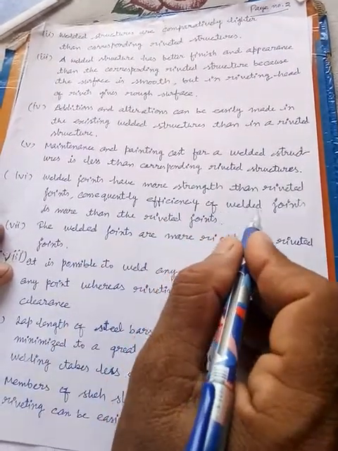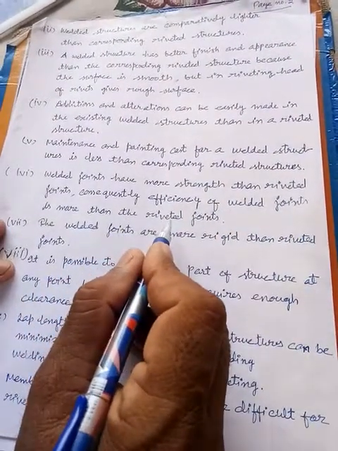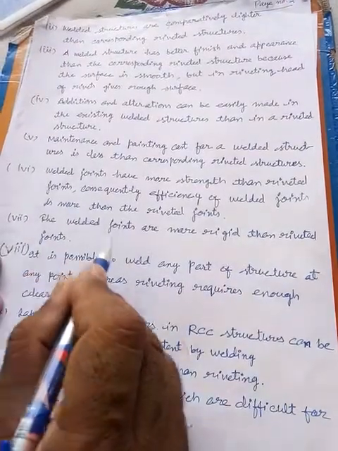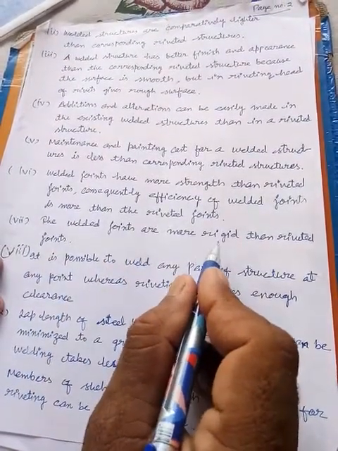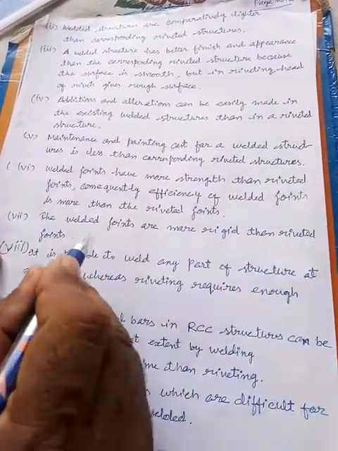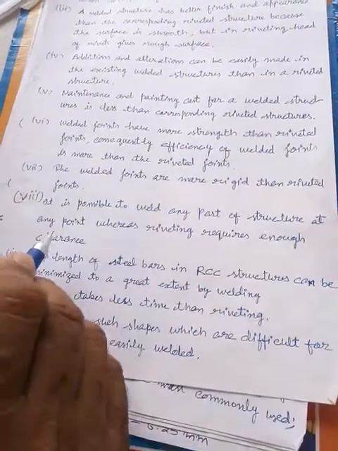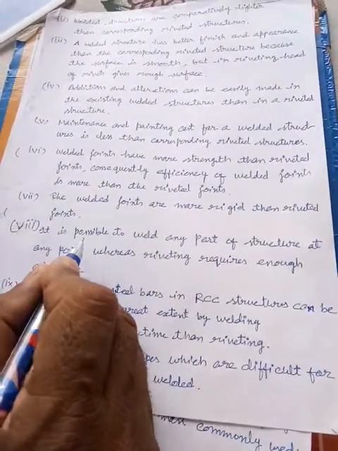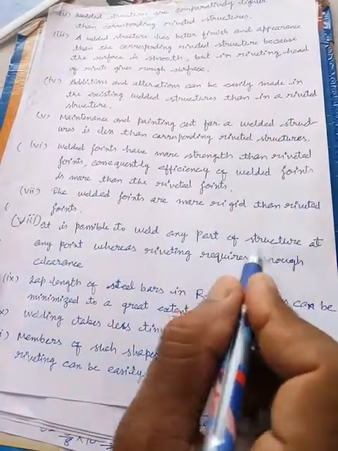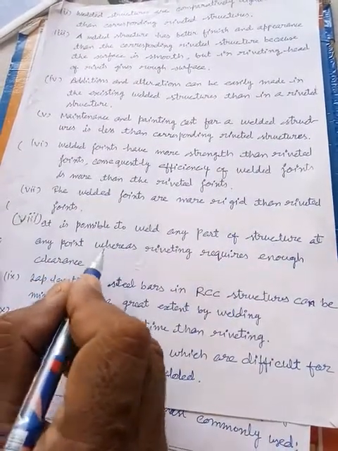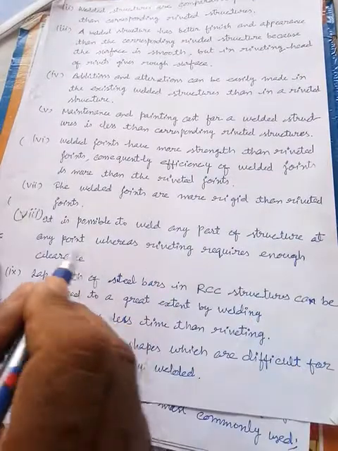Consequently, efficiency of the welded joints is more than the riveted joints. So seventh point, the welded joints are more rigid than the riveted joints. So eighth point, it is possible to weld any part of structure at any point, whereas riveting requires enough clearance.